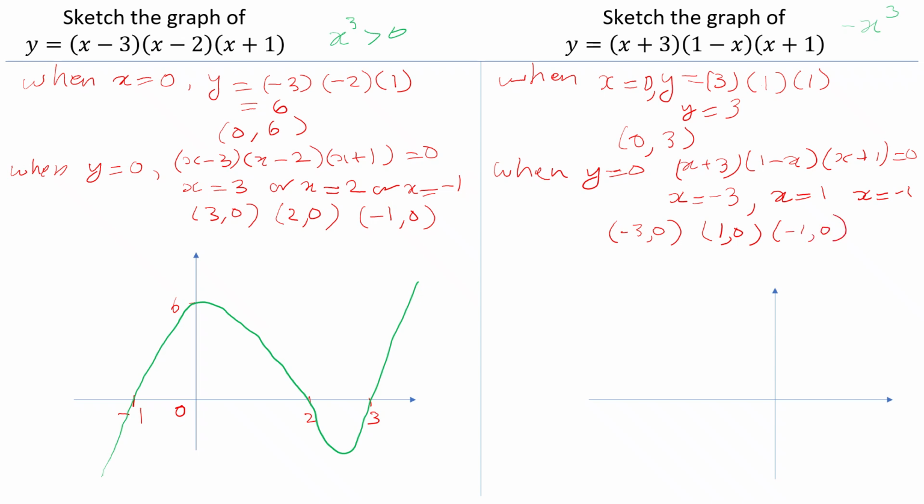Now mark the coordinates: (0, 3). This is 0, 1, minus 1, minus 2, minus 3. Now sketch the graph.